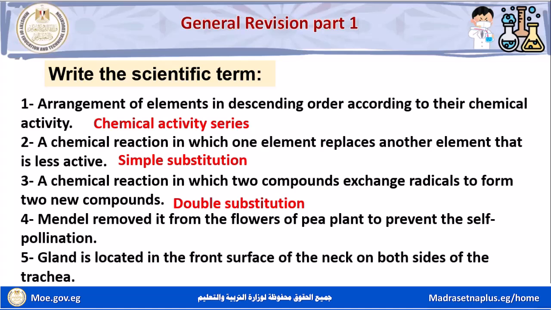Question number 4. Mendel removed it from the flowers of pea plants to prevent the self-pollination: stamens. Question number 5. Gland located in the front surface of the neck on both sides of the trachea: thyroid gland.